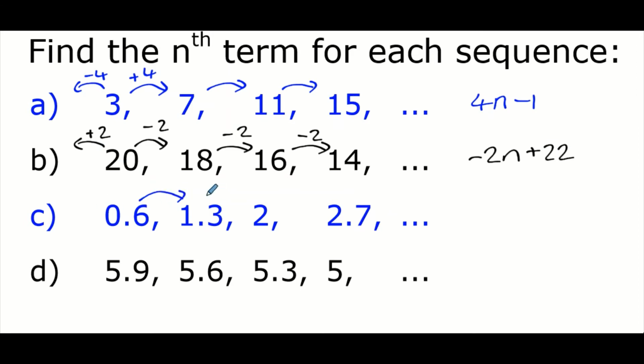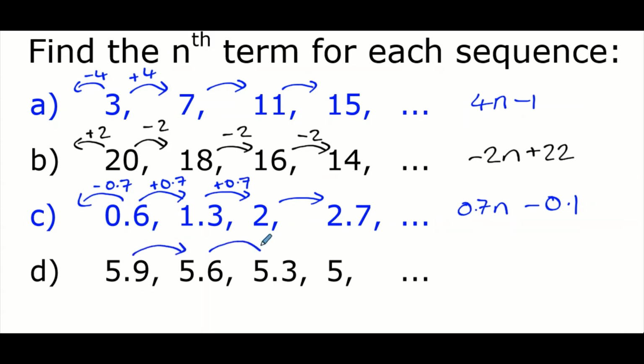In this case, for each term we are adding on 0.7, so if we go back to the 0th term by subtracting 0.7, that will give us minus 0.1, since 0.6 minus 0.7 is minus 0.1, and 0.7n because we're adding on 0.7 each time.